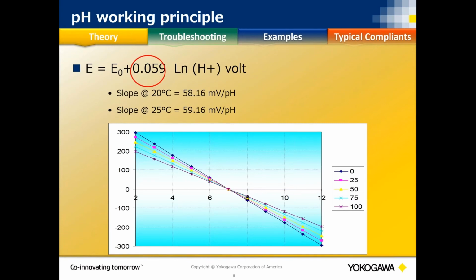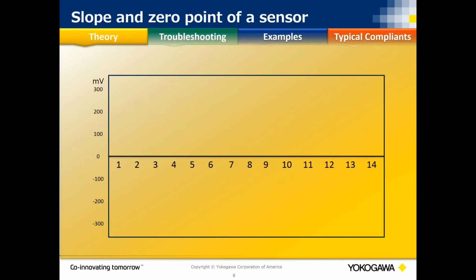At 25 degrees C, 59.16 millivolts is equivalent to one full pH shift. This is important because when we look at calibration data in the analyzer, we correlate that value with what our instrument is offsetting or compensating for. That's all we want you to get out of that theory.